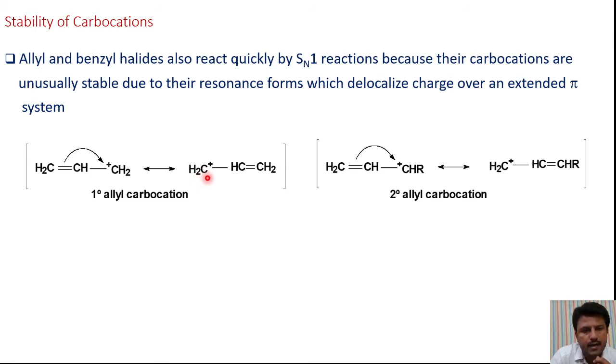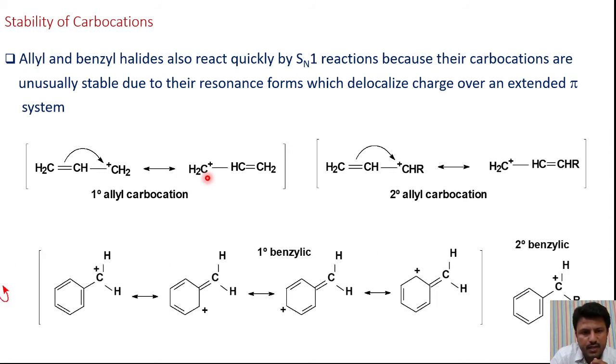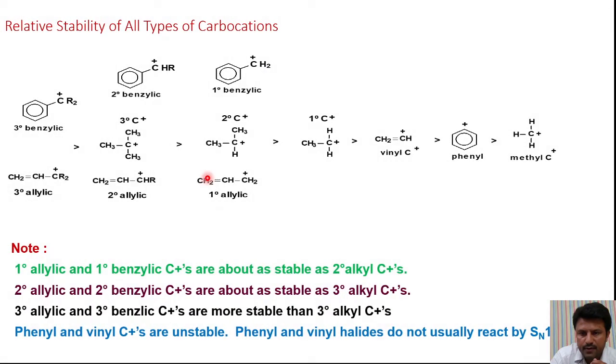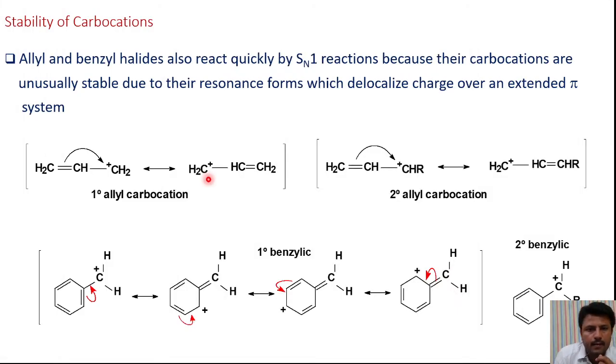So the corresponding alkyl halides, allyl or benzylic, are both readily involved in SN1 reactions. When compared to the allyl carbocation, the benzyl carbocation is more stable because it contains 4 resonating structures, whereas allyl contains only 2 resonating structures.